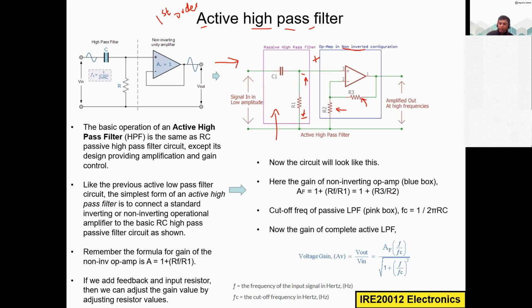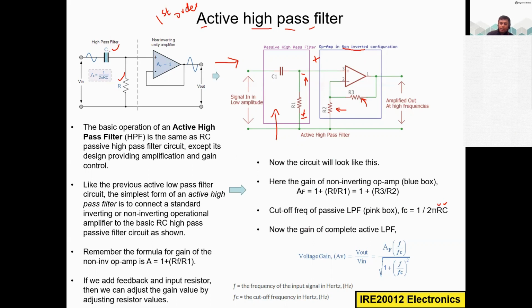So 1 plus R3 divided by R2, that is the gain of this operational amplifier. And what is the cutoff frequency of this high pass filter? That is 1 divided by 2 pi RC. So R and C values are based on this R and C. So you can change the cutoff frequency by changing the value of C and R.